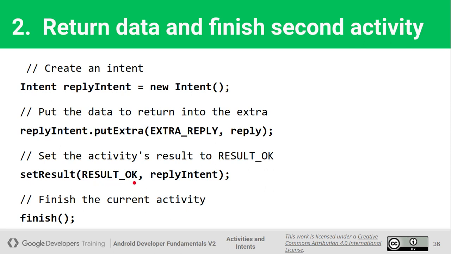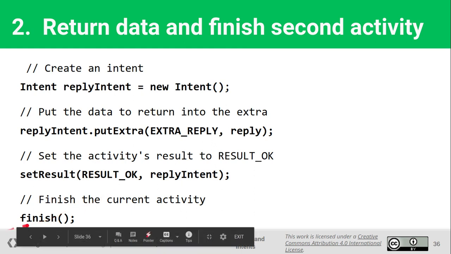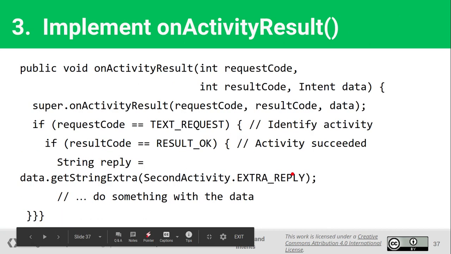If you don't want to send anything back to the activity, we set this parameter as RESULT_CANCELED, so that activity number 1 would know that activity 2 has not sent any information. In the last step, we call the finish function and we get back to activity 1.